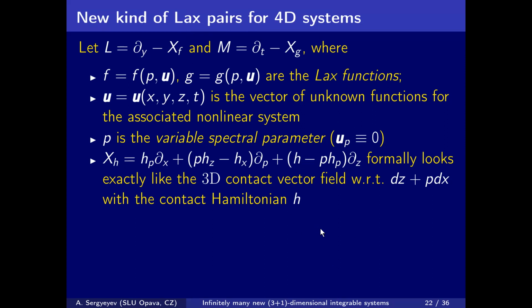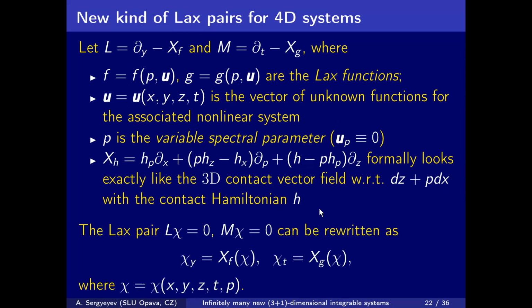Formally, it looks exactly like the 3-dimensional contact vector field with respect to the contact form dz plus pdx and with the contact Hamiltonian small h. Just a small remark: the associated Lax pair can be rewritten in this form.